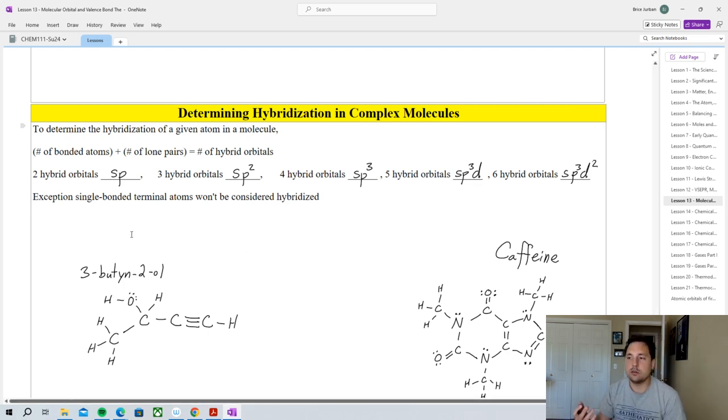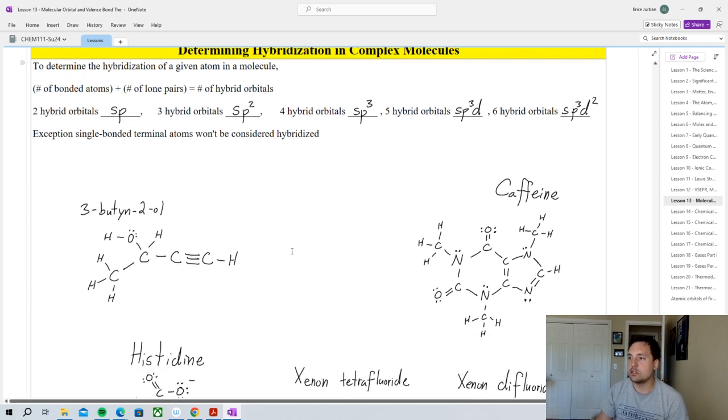For this class, we're not going to consider the single bonded terminal atoms as hybridized. We'll just consider those to be unhybridized atoms, where whatever electrons are available in its electronic configuration will be bonded.